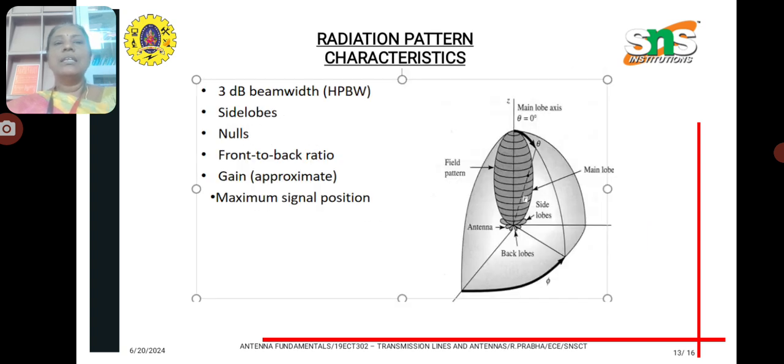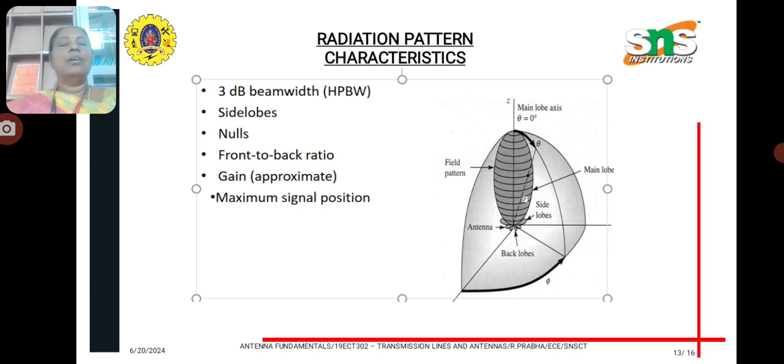If we see the radiation pattern characteristics, it is given in the picture. We have a major or maximum radiation lobe, and there are side lobes or minor lobes, and we have a parameter called 3 dB beam width, which is also known as half power beam width.